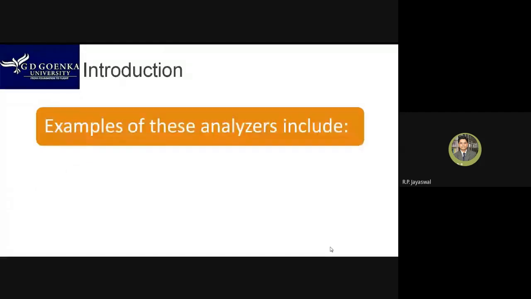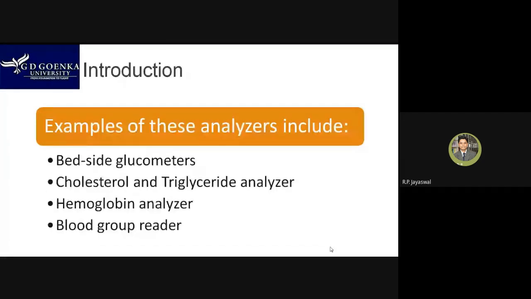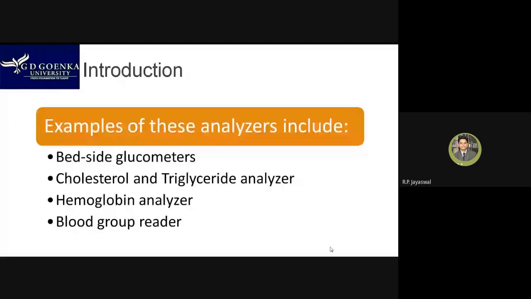Here are some examples of dry chemistry analyzers, like bedside glucometers, cholesterol and triglyceride analyzer, hemoglobin analyzer, and blood group analyzer, a blood group reader also. These are the analyzers which are available in the market and hospital.